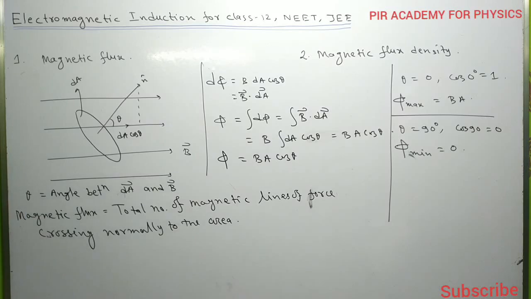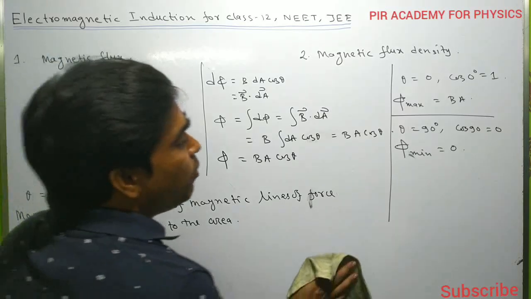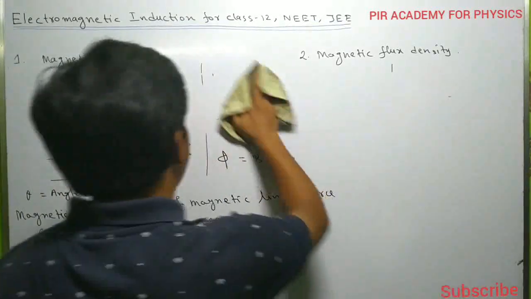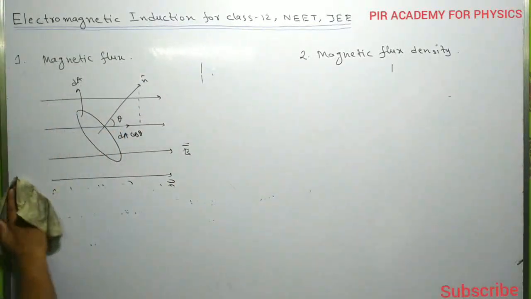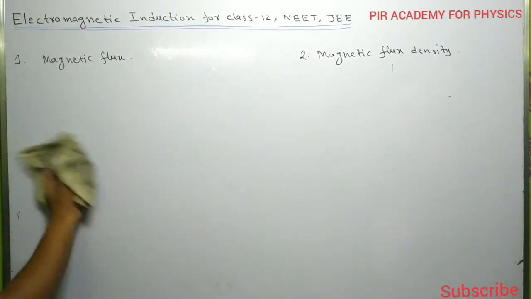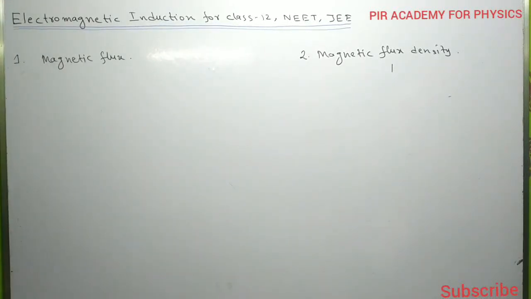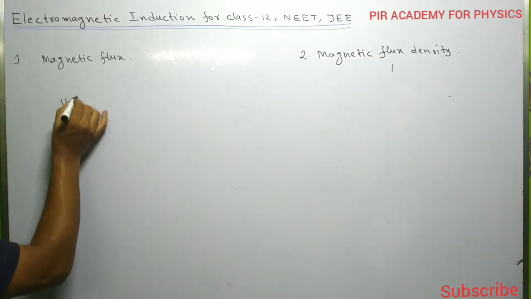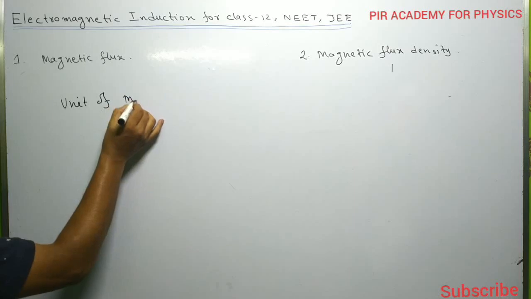Now you have to know the unit of the magnetic flux. There are two systems. One is CGS and another is SI system. So, the unit of magnetic flux.